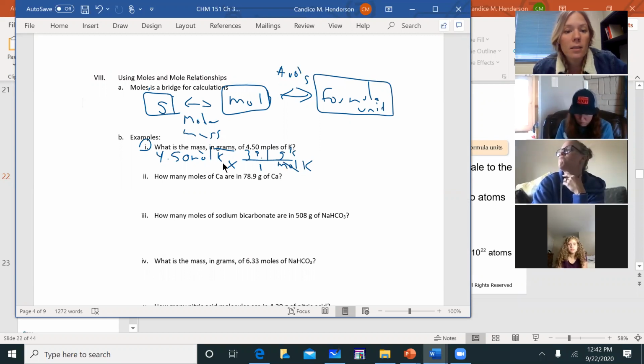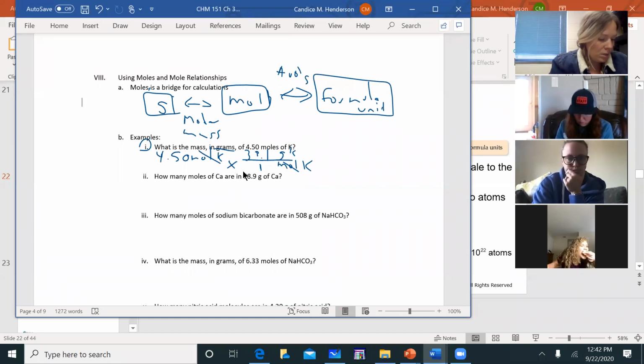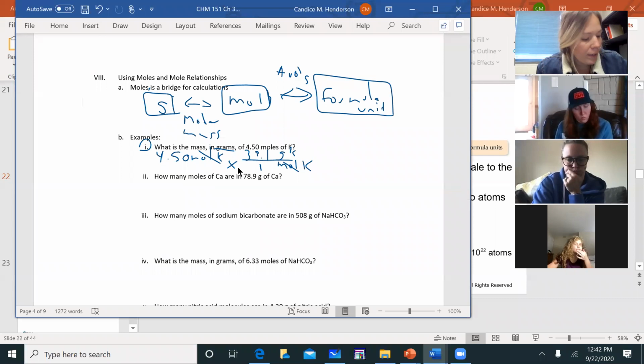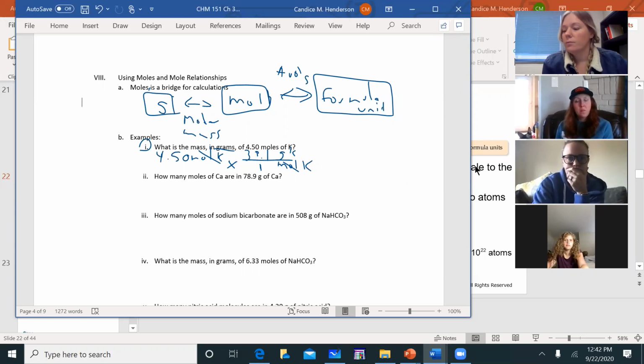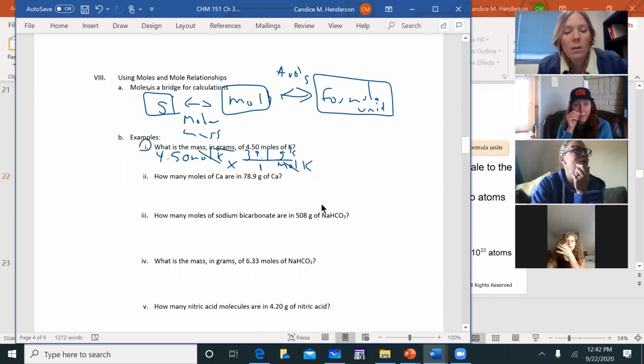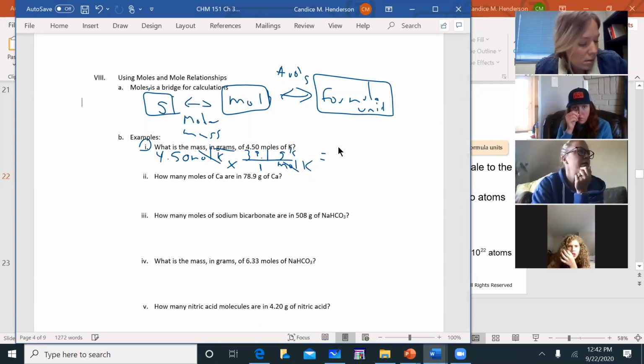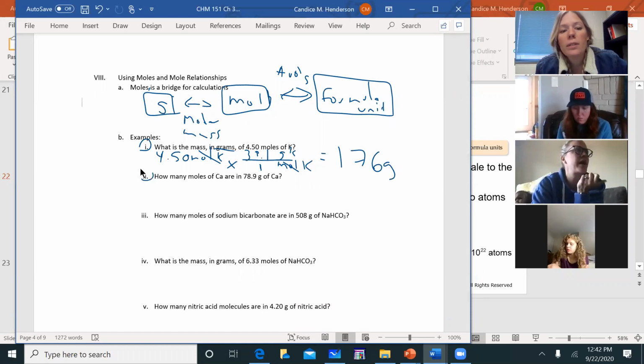So moles will cancel here, and you should be left with roughly 176 grams.